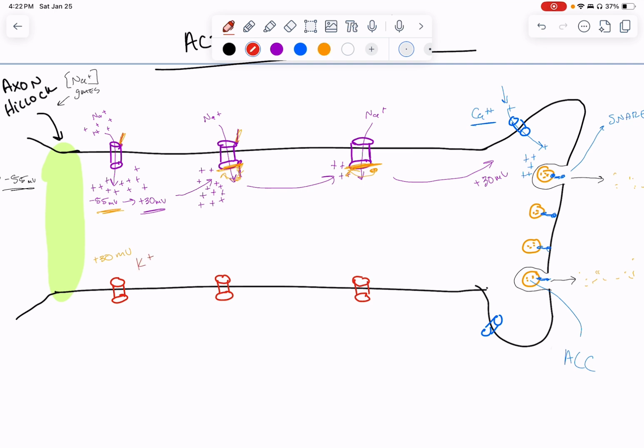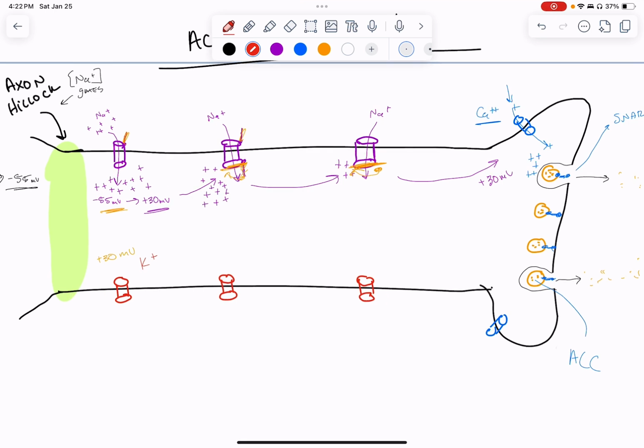And so now this potassium channel wants to return to resting membrane potential. And so what this is going to do is open these voltage gated potassium channels. And so now this positive charge is going to cause a bunch of potassium to leave the cell.